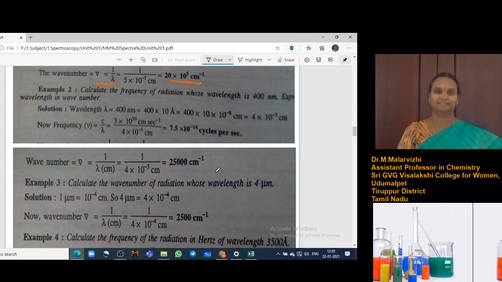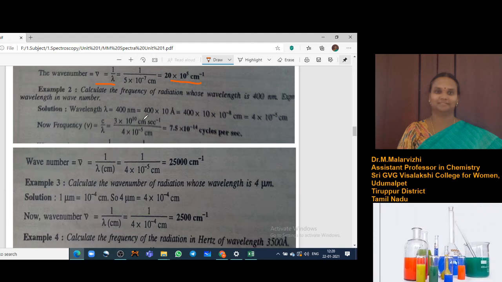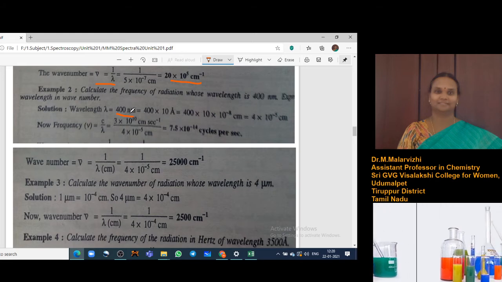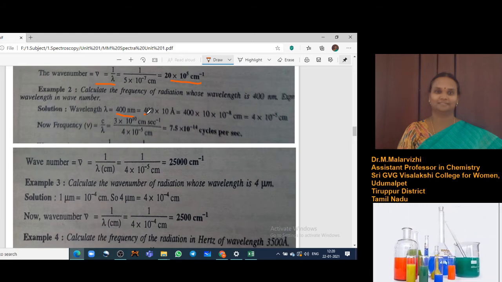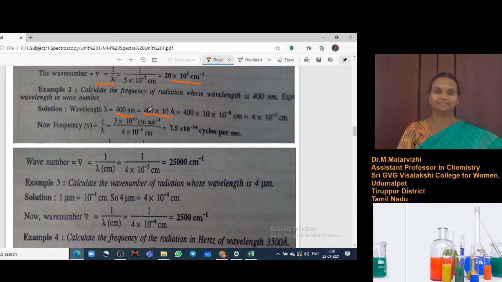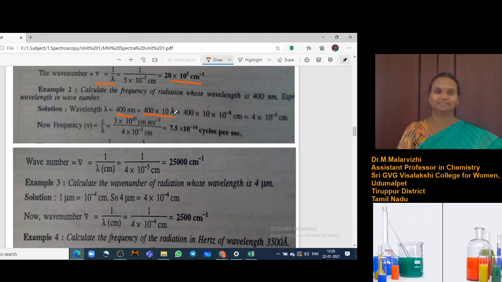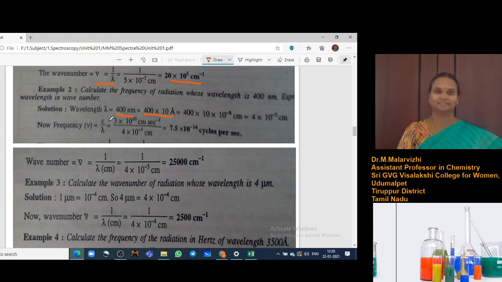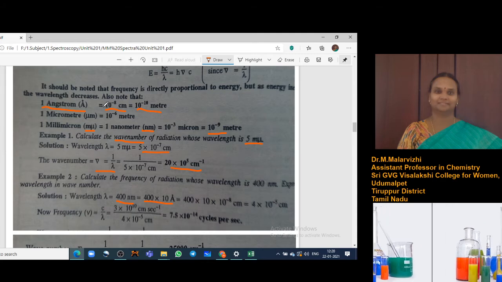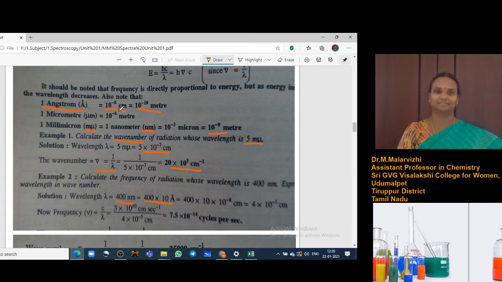So convert the nanometer. Wavelength is given as 400 nanometer. To convert this nanometer into centimeter, the first thing, it is easier: 400 into 10. We know that to convert nanometer into Angstrom unit, just multiply by 10. So 400 into 10 Angstrom units, because 1 Angstrom unit is equal to 10 power minus 8 centimeter. That is a very well known conversion.